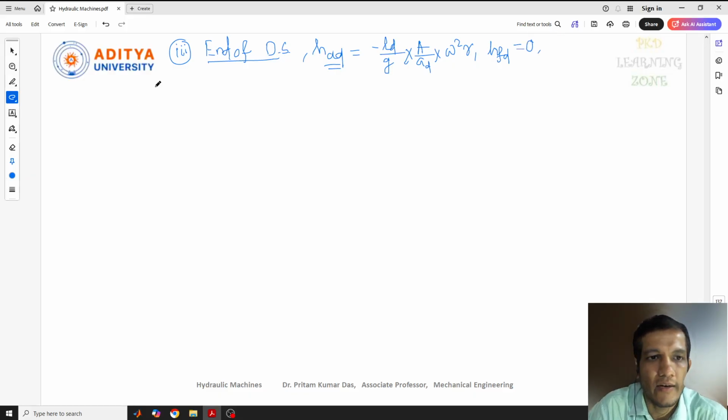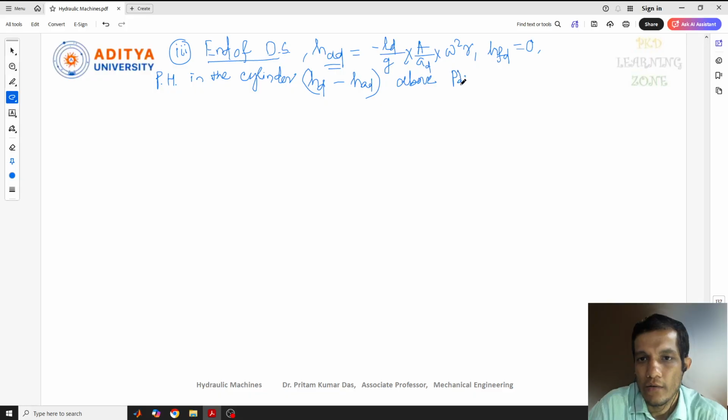So the pressure head in the cylinder will be below this one. We can write this HD, the delivery head, minus the value of this one, and this also will be above the atmospheric pressure head, so you can write H atmospheric.